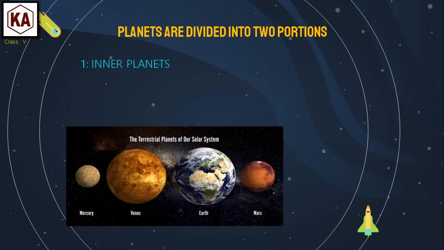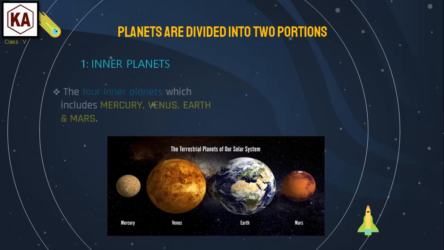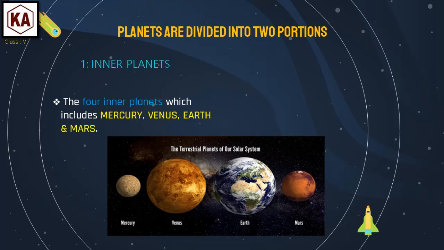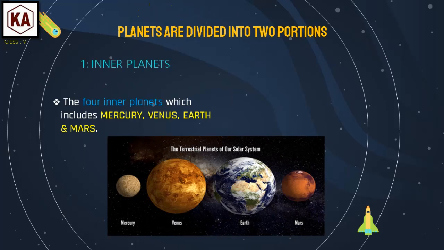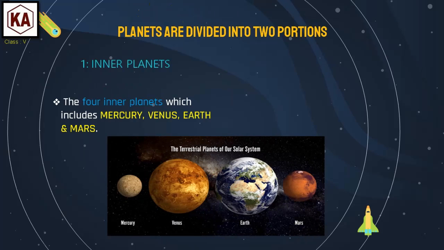Inner planets include Mercury, Venus, Earth, and Mars. These planets are near to the Sun. Okay? And these are all terrestrial planets, as you can see written in the picture. Terrestrial means land, something rocky. Okay?